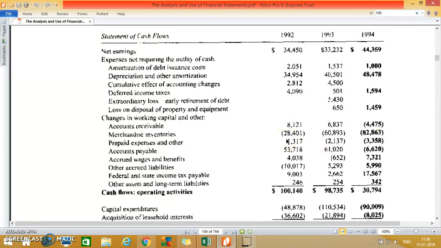Now, if the inventory has been subtracted, it means there was an increase in the inventory, that is, an increase in the working capital. In the indirect method, if there is a decrease in the working capital, we need to add back, because when you add back, it is because it was actually generating cash.